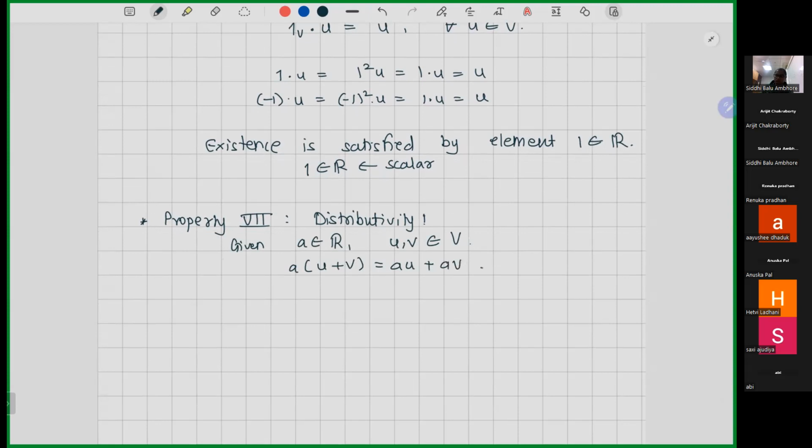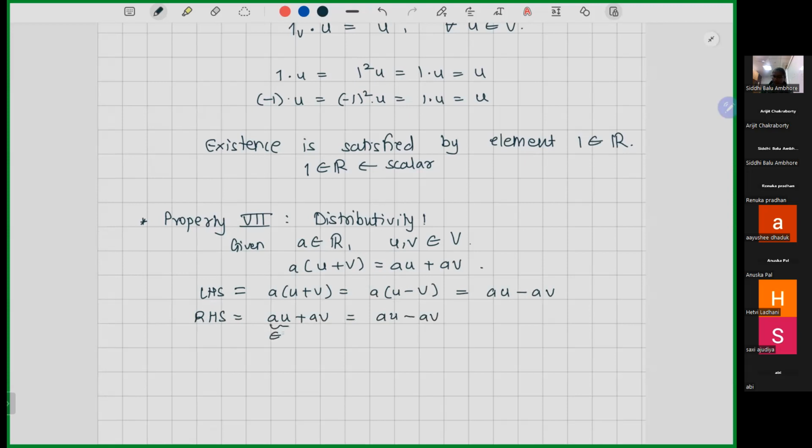Okay. So let us write our LHS, which is a of u plus v, which is what? a of u minus v. Now this is multiplication in real numbers, so which we know that it is au minus av. And what is our RHS? It is au plus av. But this is what? au minus av, right?